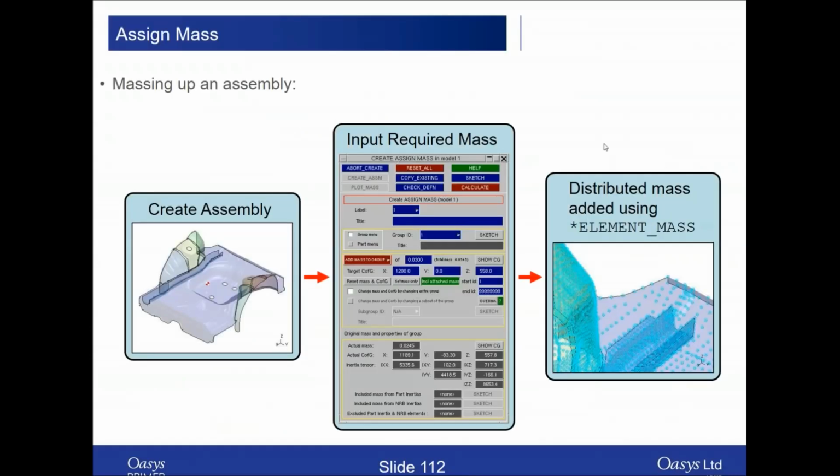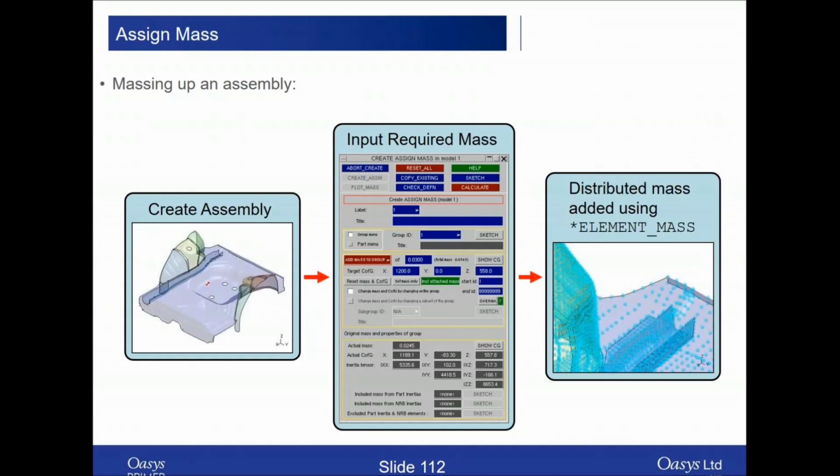Now, assign mass is a tool in Primer that allows you to specify a group of parts, an assembly of parts, and then say you want that assembly of parts to have particular mass properties. So you say you want it to be this total mass, you want it to have this C of G, or you want it to have this inertia tensor. Once you've specified that, Primer will calculate how it has to distribute masses over those parts to achieve the targets that you have specified.